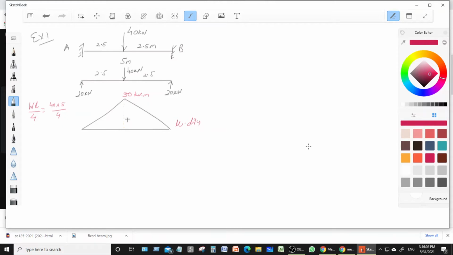Now as we convert the fixed beam into the simply supported beam, what is the change here?